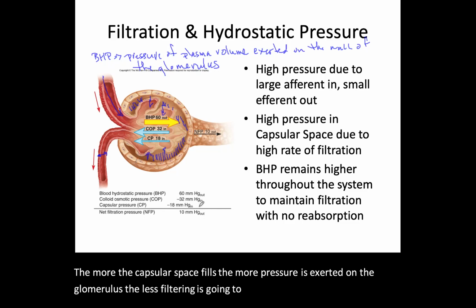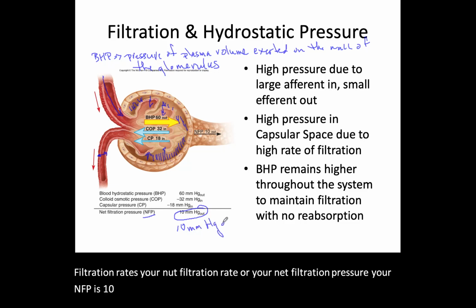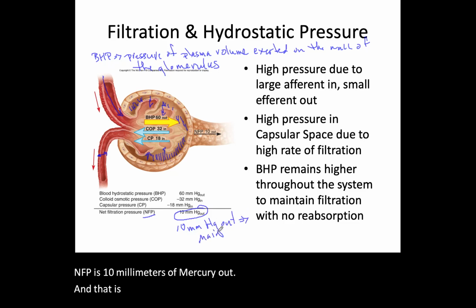And so your net filtration pressure, your NFP, is 10 millimeters of mercury out. And that is maintained throughout the glomerulus.